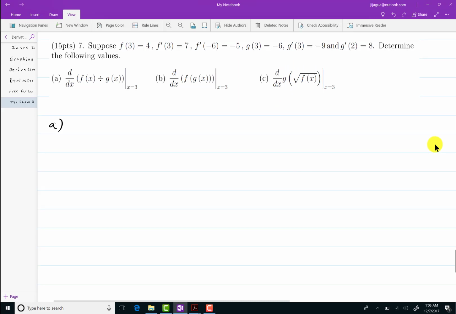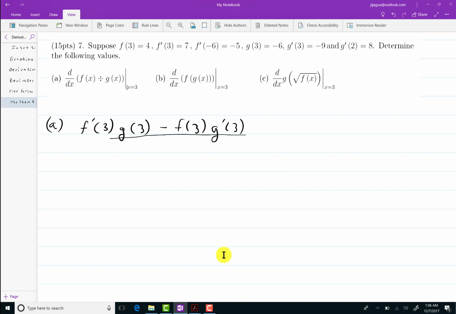So let's see how these all work. For part A, since we're doing a quotient, the quotient rule says we do f prime of 3, leave the bottom alone, minus f of 3 times g prime of 3, and in the denominator, g of 3 squared.